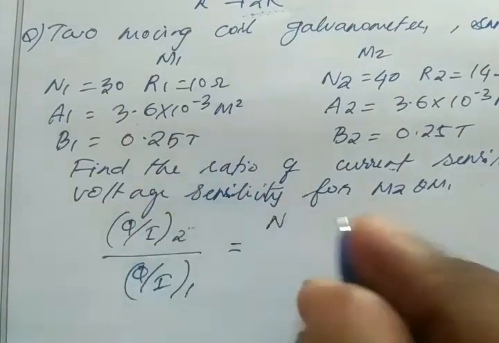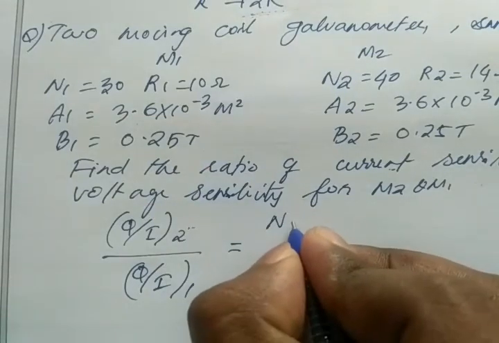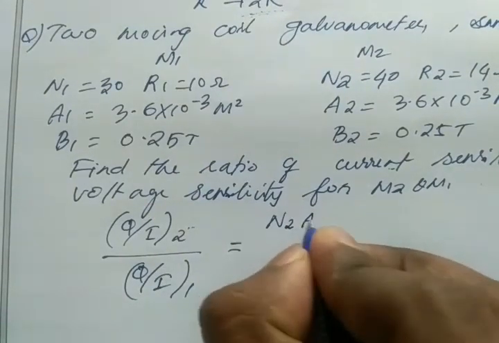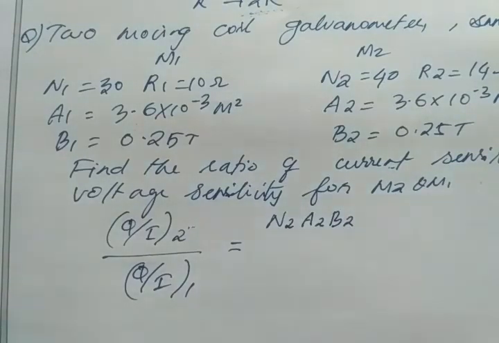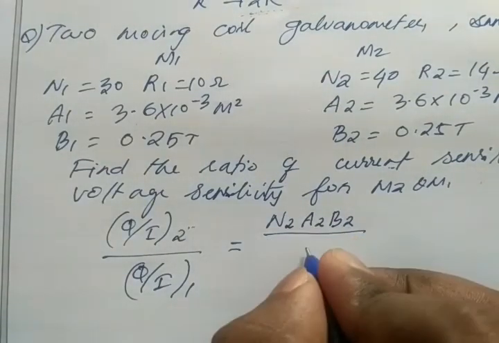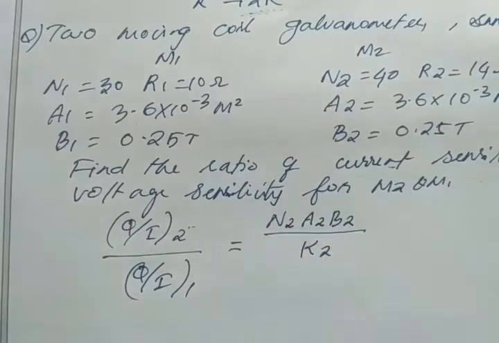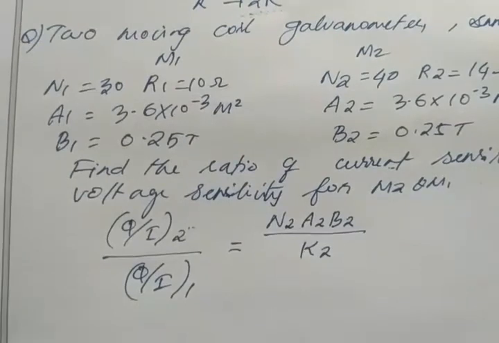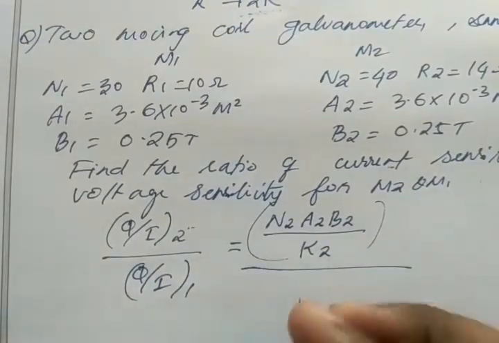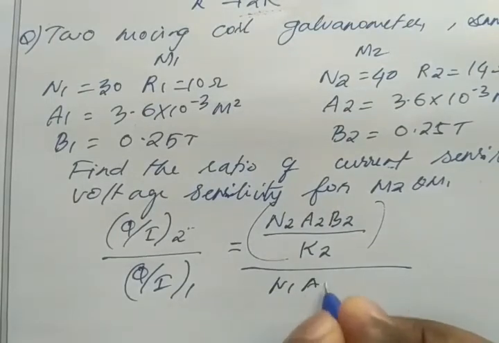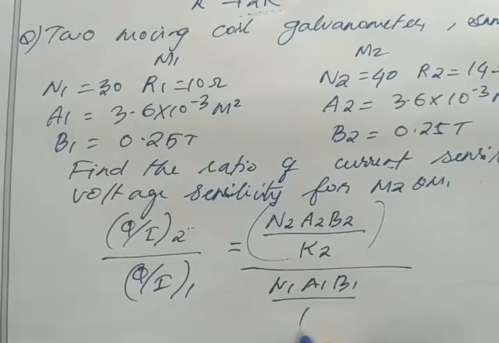For the second moving coil galvanometer, N2 A2 B2 divided by K2. This is the formula for phi by I. Divided by the first galvanometer, N1 A1 B1 divided by K1.